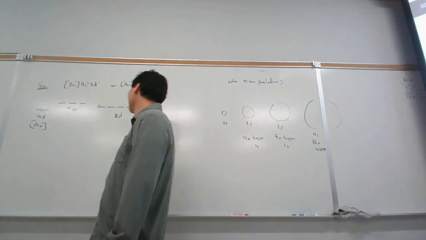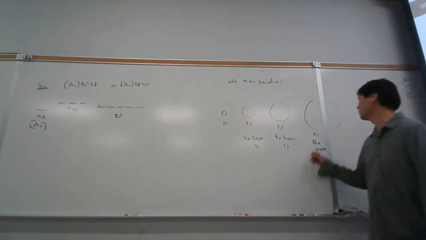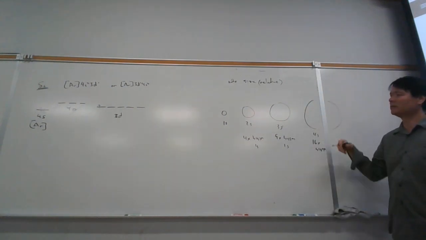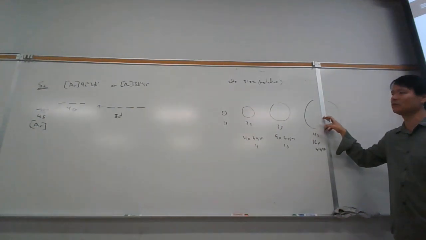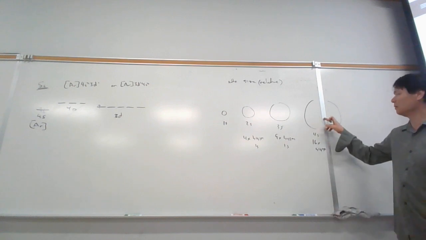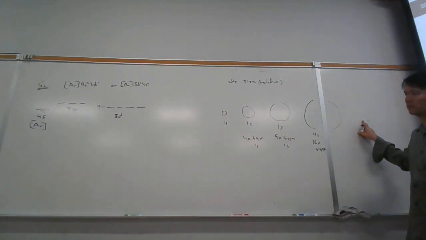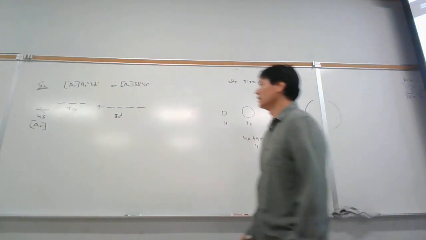There's reasons for that, which we're not going to really get into. It has to do with the probability. There's a much higher probability that a 4s electron will be found next to the nucleus than a 3d electron. That's the reason why. But there's also a greater probability a 4s electron will be found further from the nucleus.